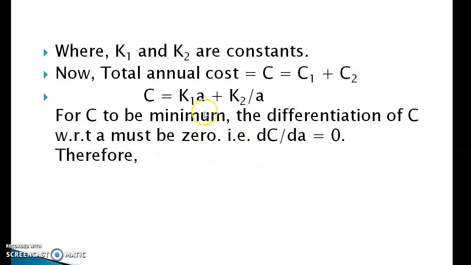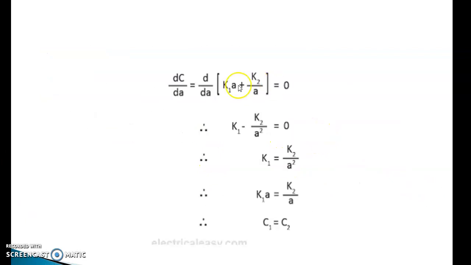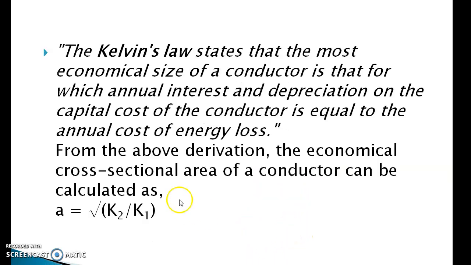That is dC by dA is equal to d by dA of (K1A plus K2 by A) is equal to 0. That implies K1 minus K2 by A square is equal to 0. That implies K1 is equal to K2 by A square, K1 into A is equal to K2 by A, that implies C1 is equal to C2.